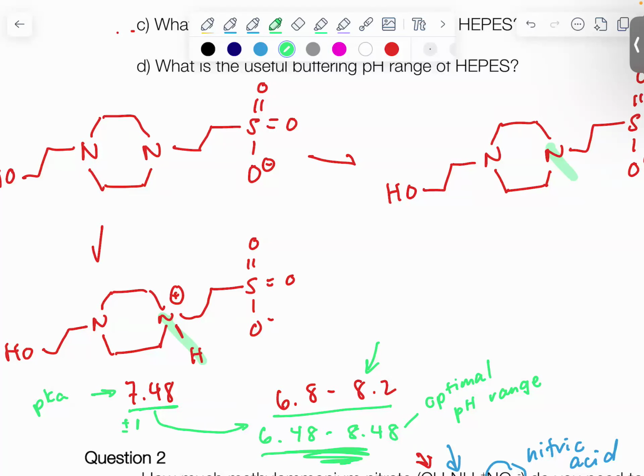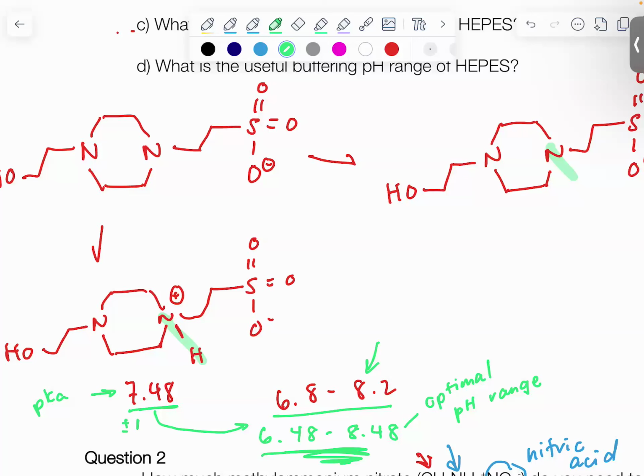Basically, to summarize: if you get the pKa, you get the range by subtracting and adding 1. And then what do you do next? Then you have the optimal pH. Sometimes you'll get a question with a bunch of very basic molecules that would be on your pKa table, and it says, I want a solution of pH 10.